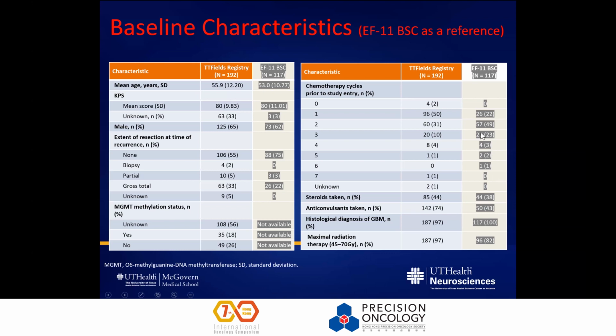And the same thing here: obviously patients have received previous chemotherapies, and the steroid usage and anticonvulsant usage are all tabulated, as well as biopsy, only partial resection, gross total resection, and also MGMT status. All those are tabulated here.